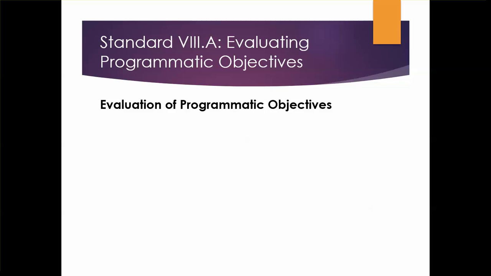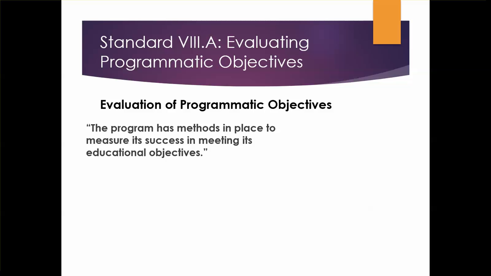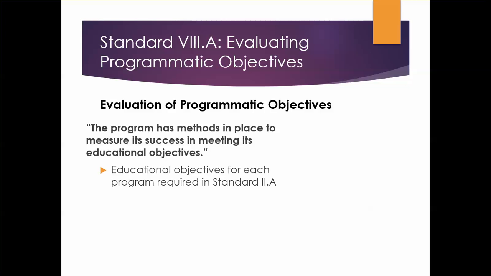Section A is evaluating programmatic objectives. The standard states that the program has methods in place to measure its success in meeting its educational objectives. So each program had educational objectives established in Standard 2.